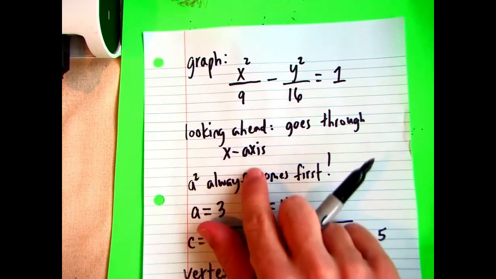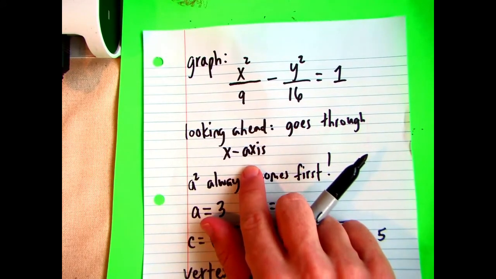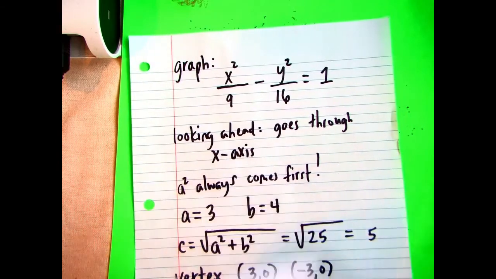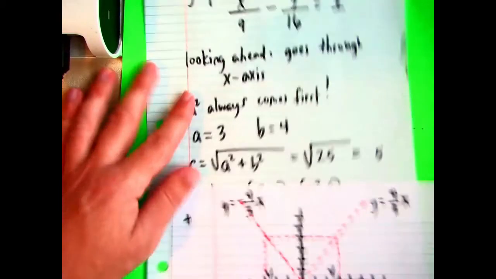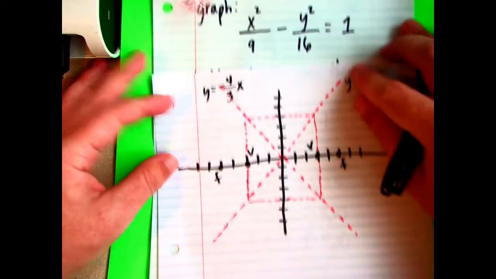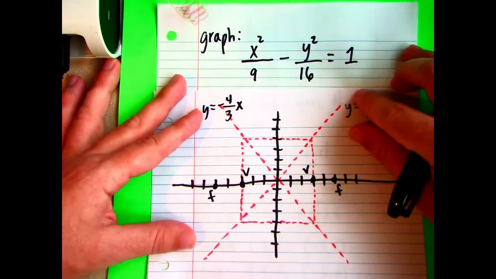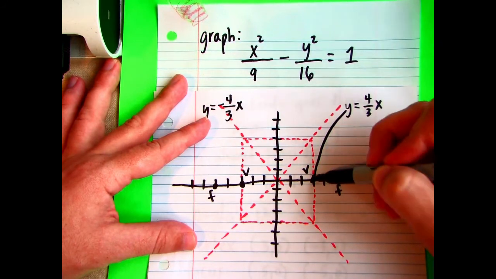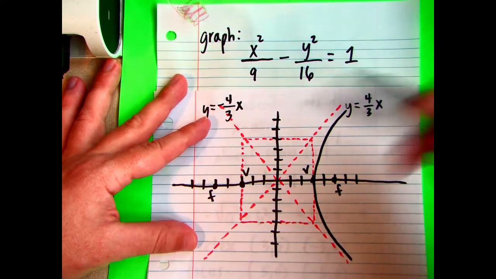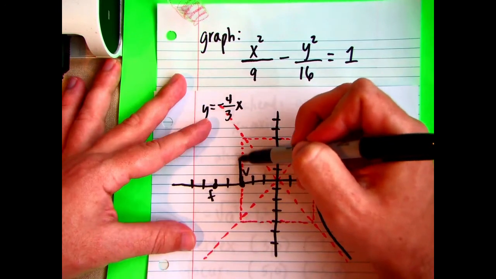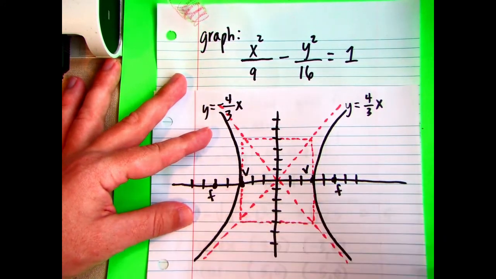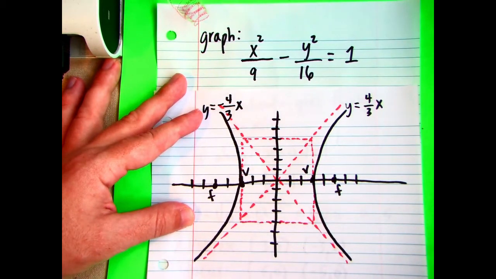Remember that, again, the graph goes through the x-axis when x squared is first. So let's draw this hyperbola. I'm going to approach those asymptotes but never touch. Same thing on the left side. Approach those asymptotes but never touch. And there's my finished hyperbola.